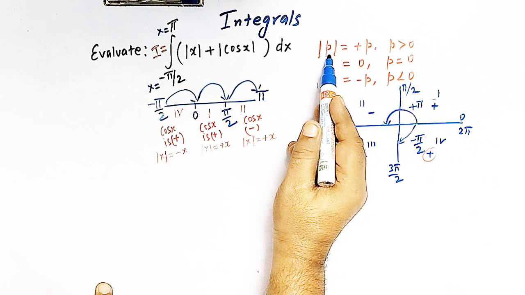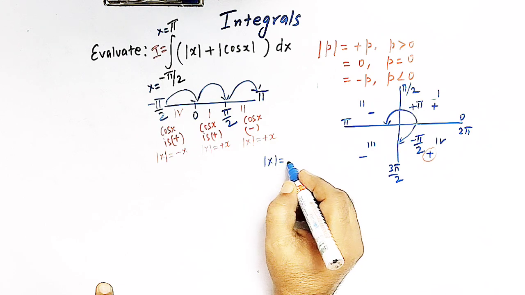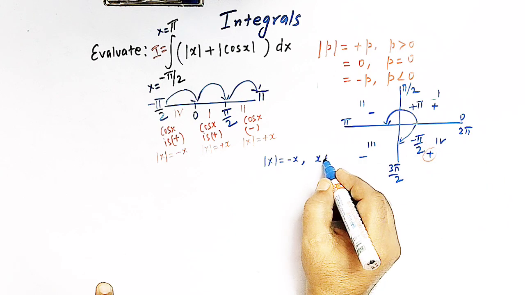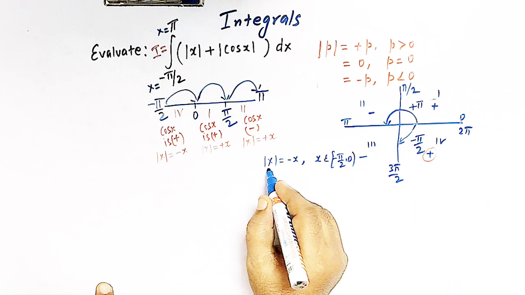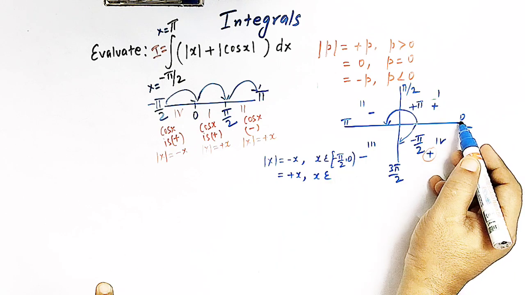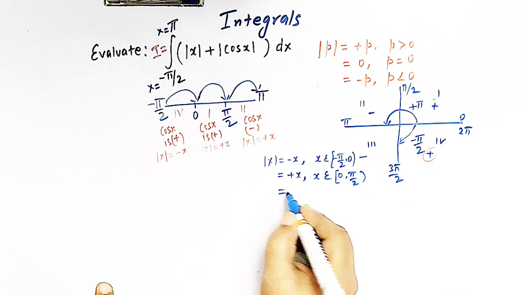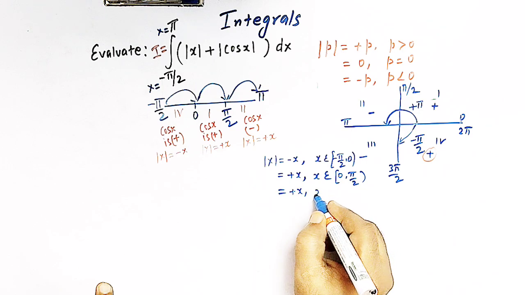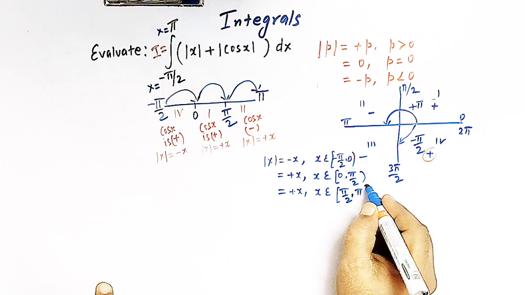Now using the definition of mod function, we can write mod of x is equal to negative x when x belongs to the interval minus pi by 2 to 0. And mod of x is positive x when x belongs to the interval 0 to pi by 2. When we go from pi by 2 to pi, again mod of x is positive x when x belongs to the interval pi by 2 to pi.